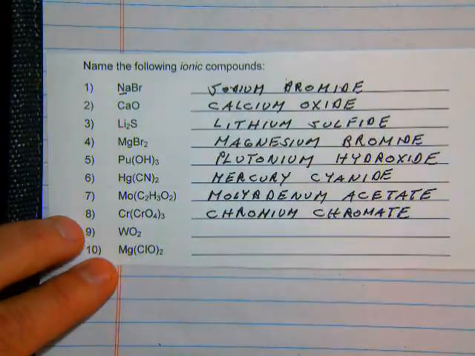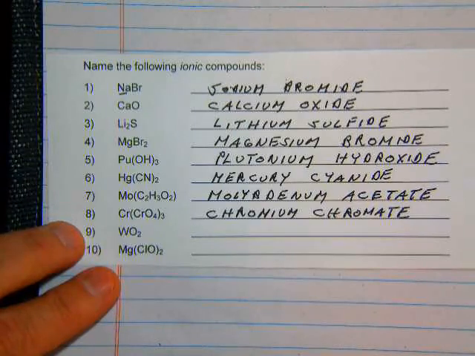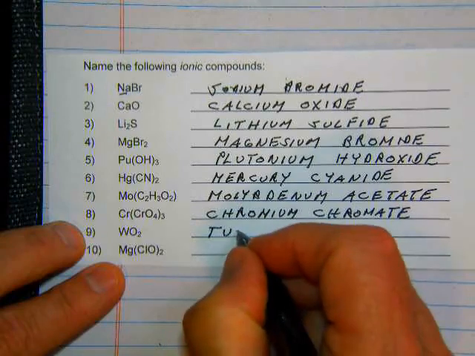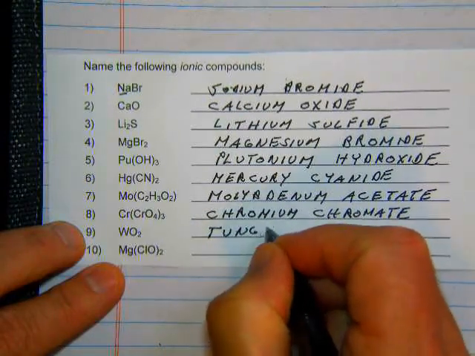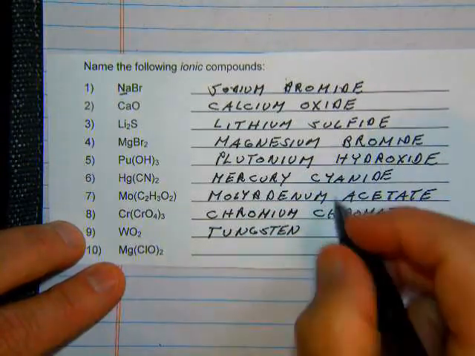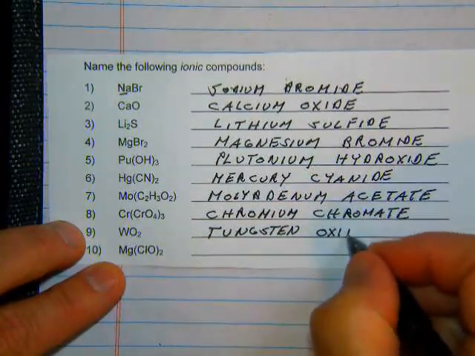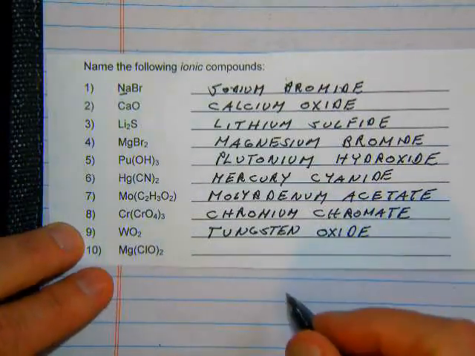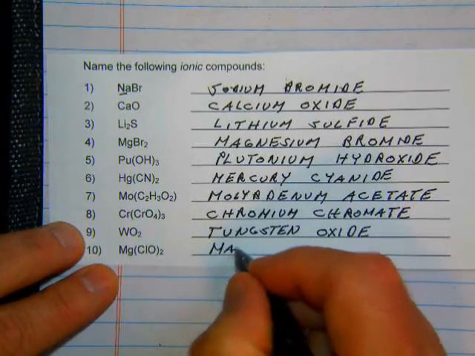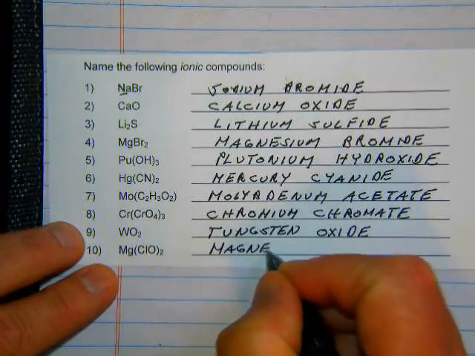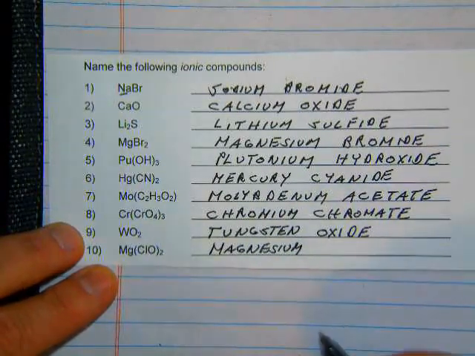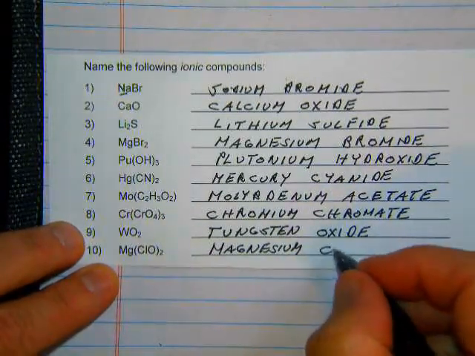All right, W is another one you don't see a whole lot of, and that is tungsten, and O2 would be oxygen or oxide. Mg is magnesium, and ClO2 is chlorite, another polyatomic ion.